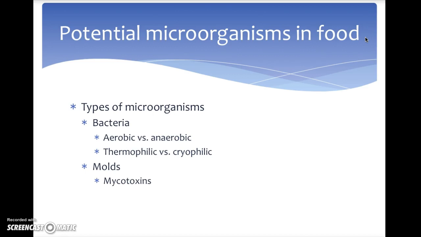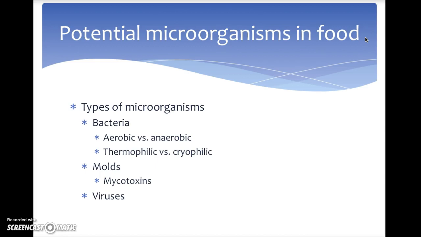Some of them actually do release some sort of toxin, which can be very, very hazardous and poisonous to people. It's very few that do this, but they can do that. And there's one called aflatoxin, which is in moldy peanuts. And so those can actually cause some really serious problems, but not as much in the United States.